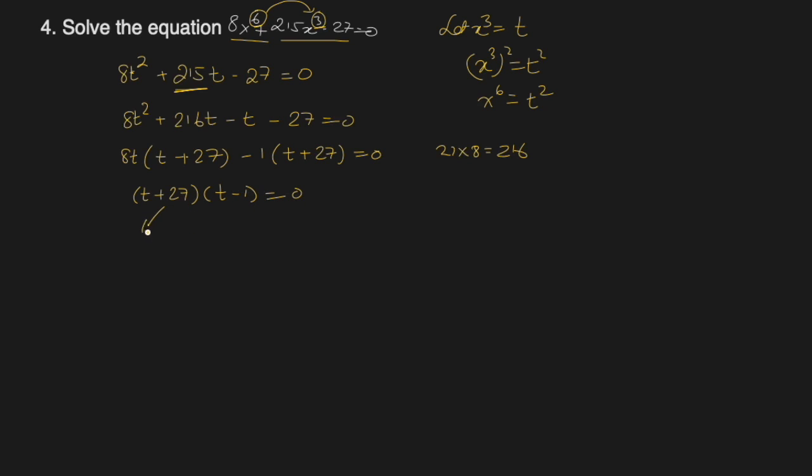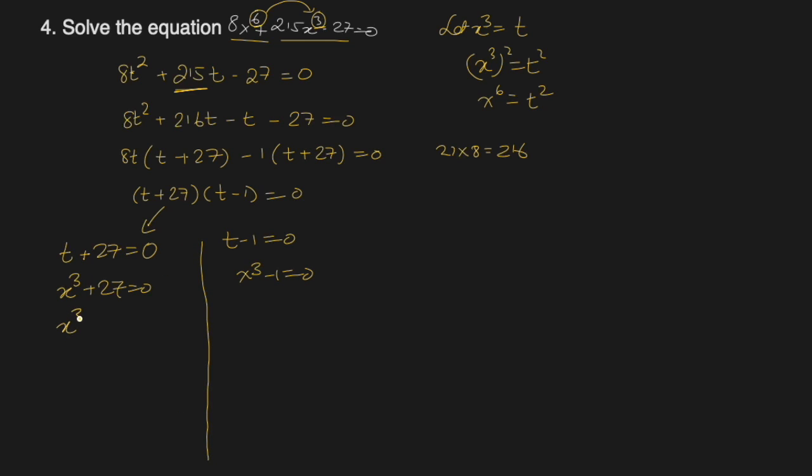So the first factor will be equal to 0, and the second factor will also be equal to 0, and that will proceed towards the solution. t is x cubed, plus 27 equal to 0. So back to x.